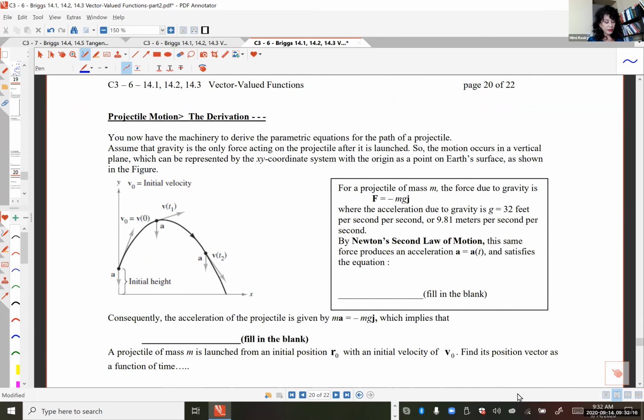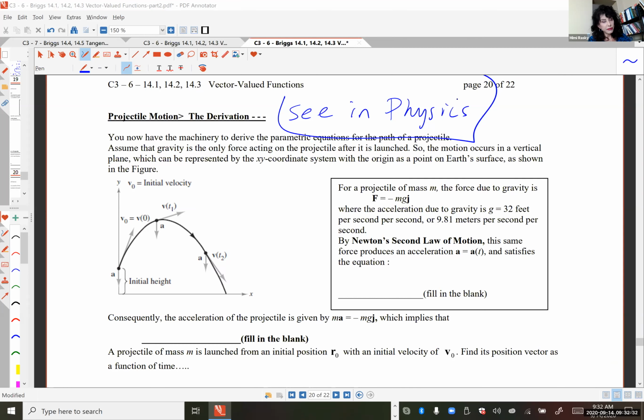Some of you have seen this in physics. If not, you will see it in physics. So let me address this issue right now, because I've seen this problem already. For those of you who have some handy physics formulas for certain things, I will not accept those physics approaches or strategies to find the answers on my quizzes or exams.